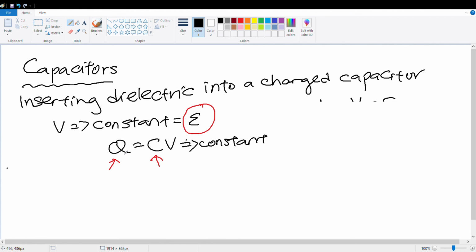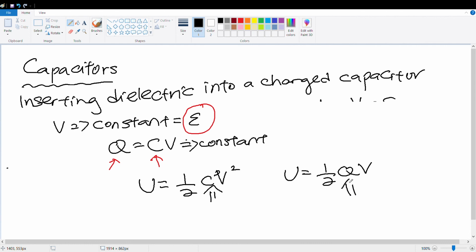So from the formula U equals half CV squared, or U equals half QV, since V is constant, the manipulated variable is this one and the responding variable is U. The capacitance of the capacitor increases, and hence my U increases. So the electrical potential energy will increase.